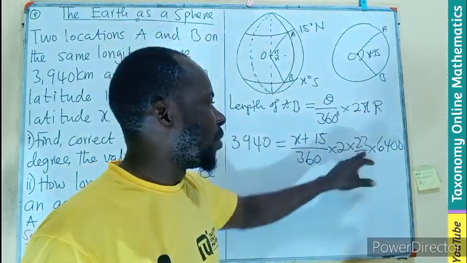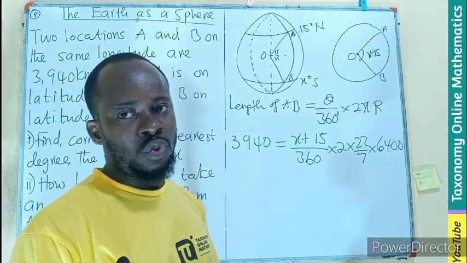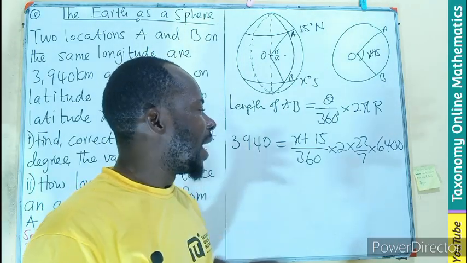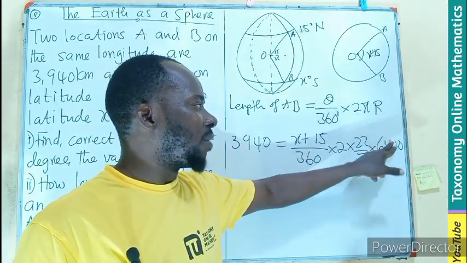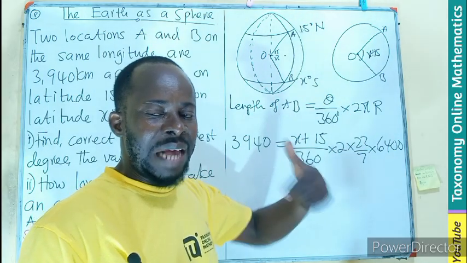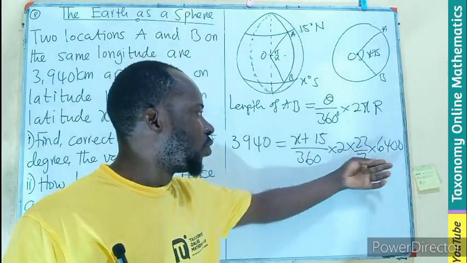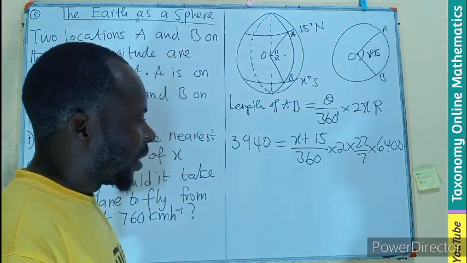We are picking pi to be 22 over 7. You can as well use 3.142 since it's not indicated. The radius of the Earth is approximately 6,400 kilometers.